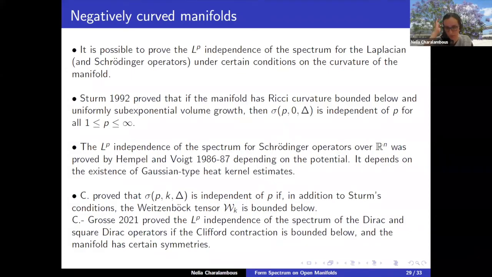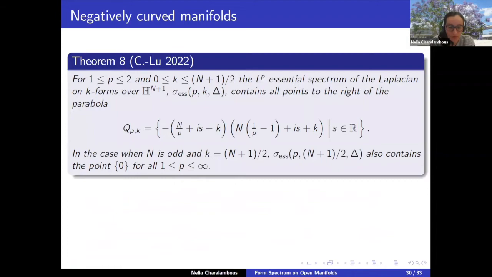square Dirac operator. So what we recently were able to do was to compute precisely the L^p spectrum of the Laplacian on k-forms over n+1 dimensional hyperbolic space. We showed that it's again a parabolic region to the right of the parabola that I wrote there, which now depends on the dimension, on p for the L^p space, and on the order k of the forms.